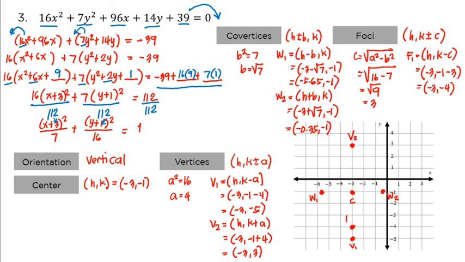This is your focus 1. Your focus 2 will be HK plus C, right? So you have H is negative 3, K is negative 1 plus 3. So that is negative 3 and 2. So focus 2 is negative 3 and 2. So that is your F sub 2. So our ellipse will look like this one.